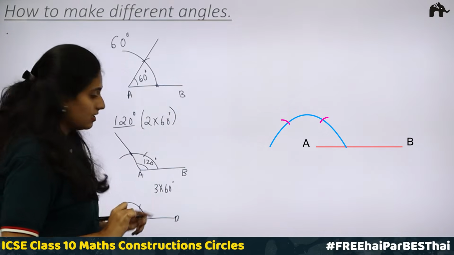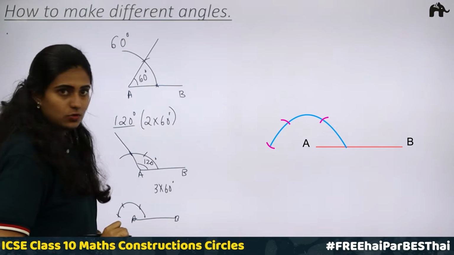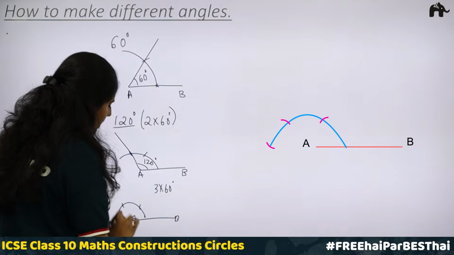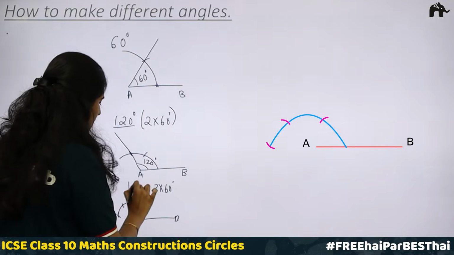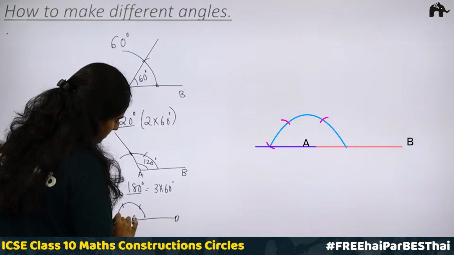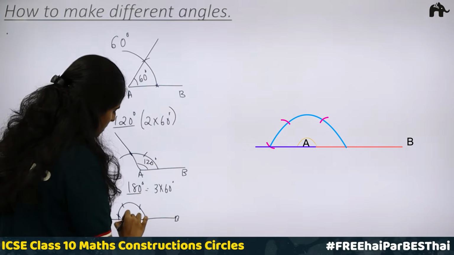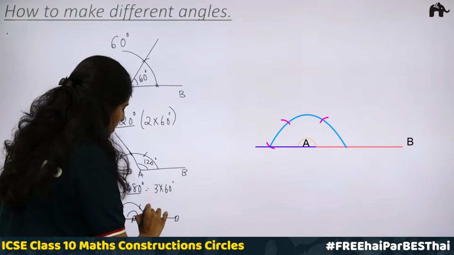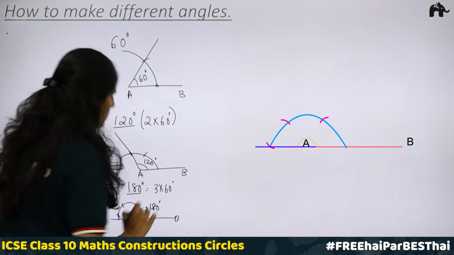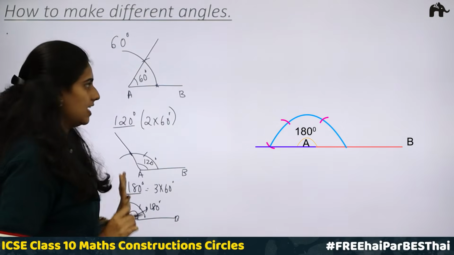Second arc, you got 120 degree. And the third arc, when you cut, you will be getting the angle 180 degrees. This is how you can construct 180 degree angle. Join the point and A. This measure is 180 degrees. So, we got 60, 120 and 180 degrees.